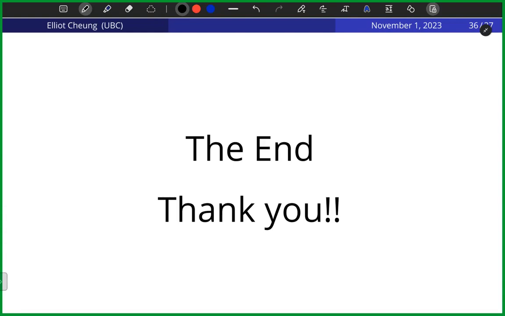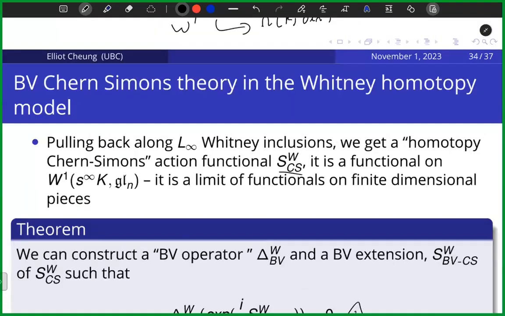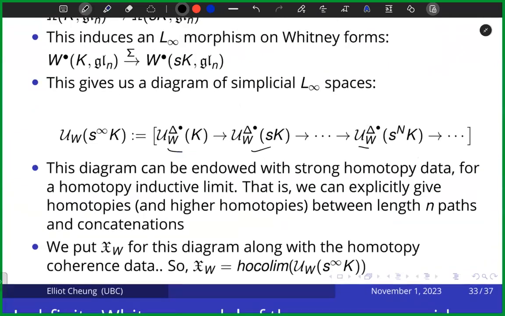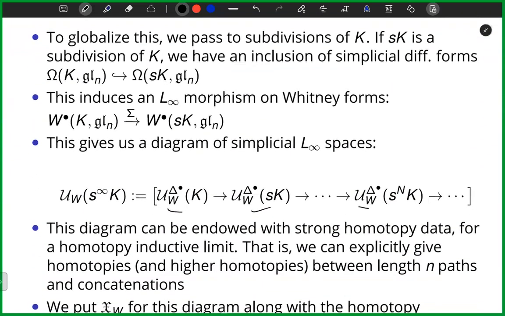Sure. Can you go back a few slides to your sequence of simplicial L infinity spaces? This thing here. Yeah, exactly. Just to clarify what's going on here, you're saying that we have a map from one simplicial L infinity space to the next, just induced by subdivision.